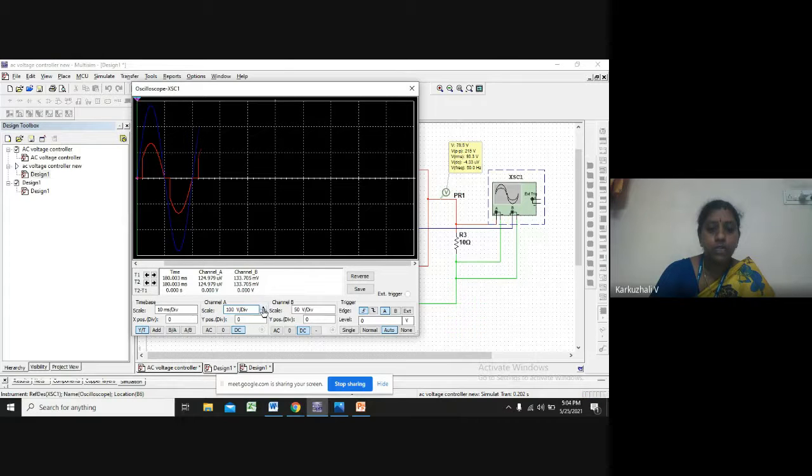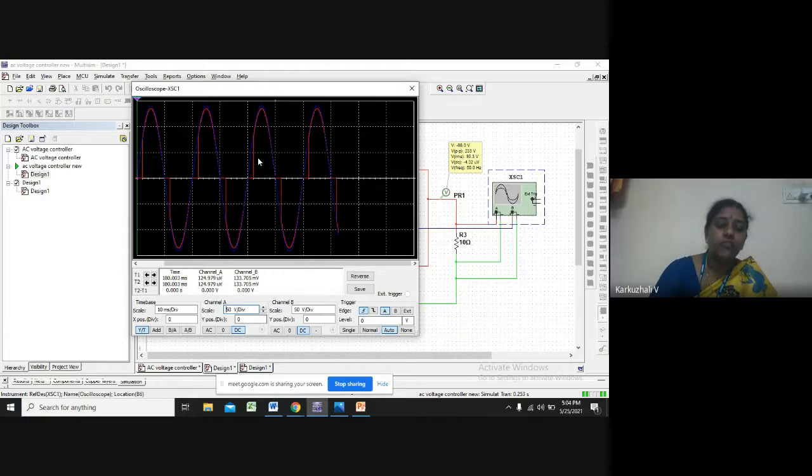If I keep both at the same scale, you can see the output follows the input, and there is a firing angle delay of 2 milliseconds. Each division is 2 milliseconds here, and so the output changes. This is for a firing angle alpha less than 90°, for 36 degrees, because we have kept 2 milliseconds.